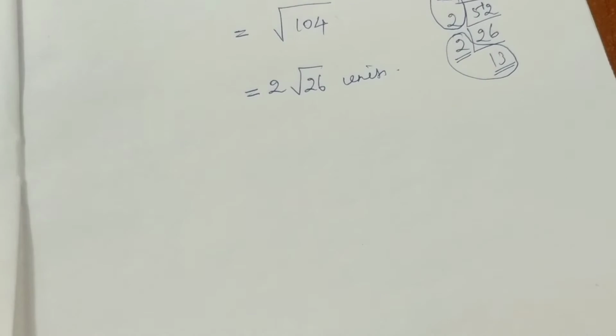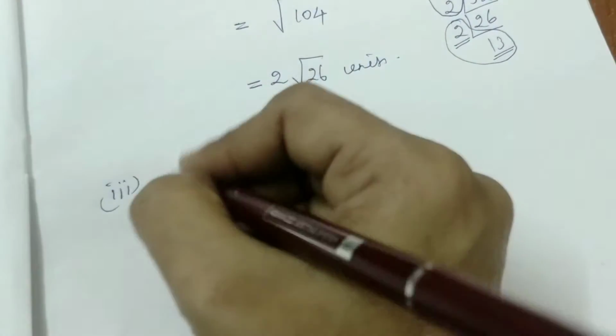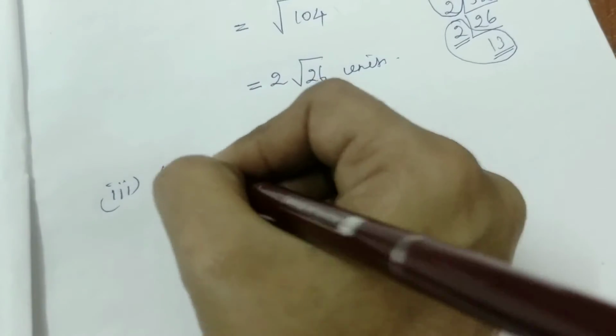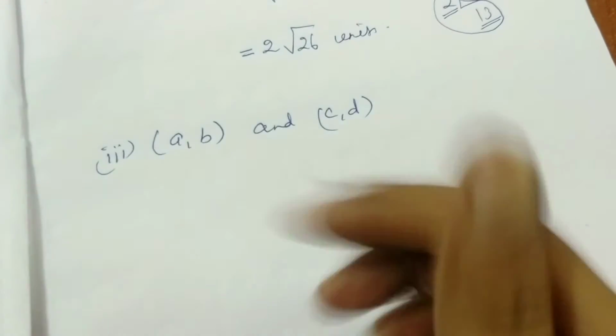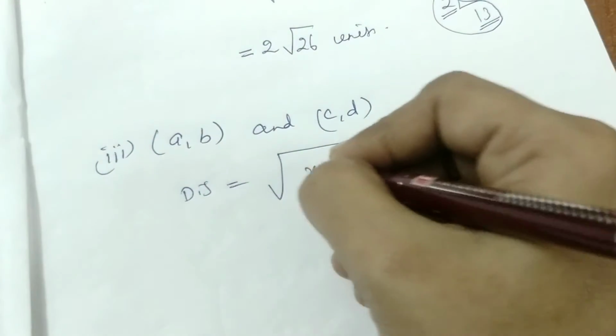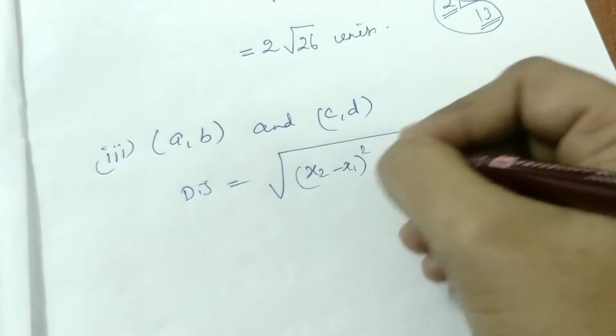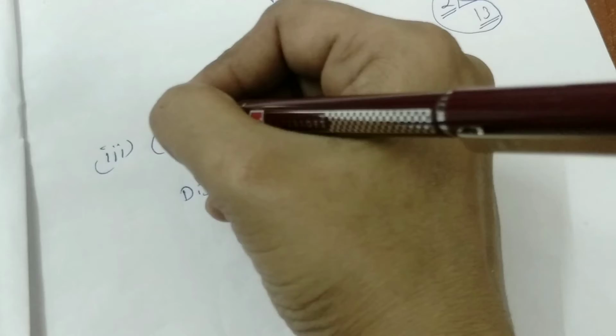Now we move on to the third sum. Third sum is nothing but (A, B) and (C, D). So our distance formula is nothing but square root of (x2 minus x1) the whole square plus (y2 minus y1) the whole square.